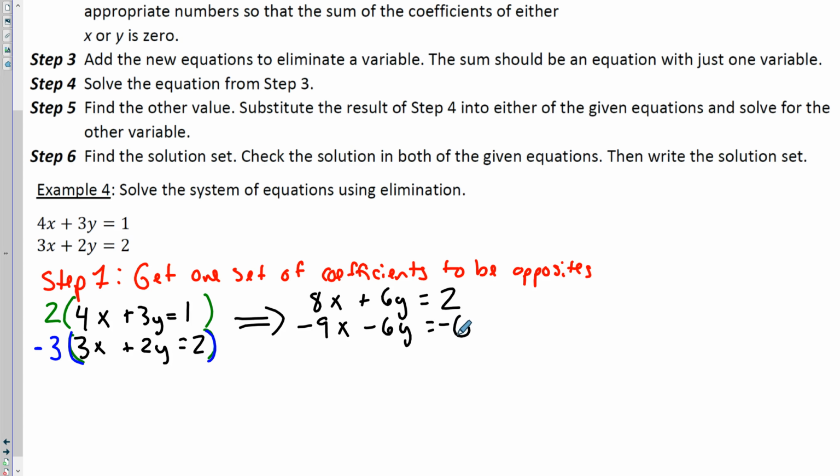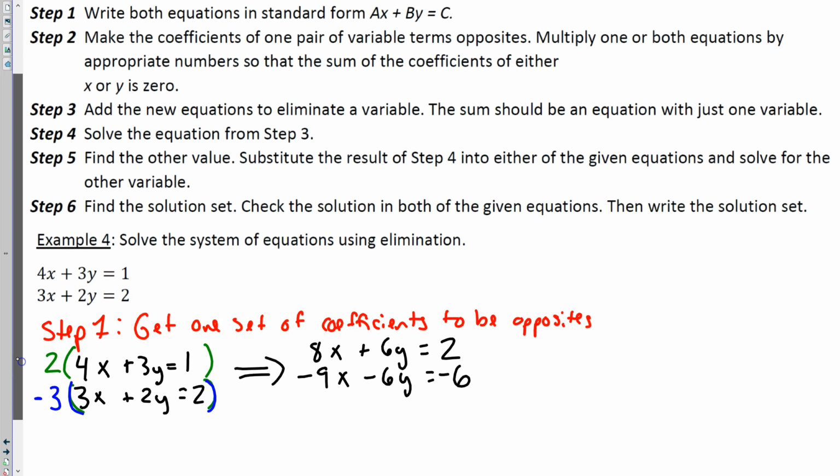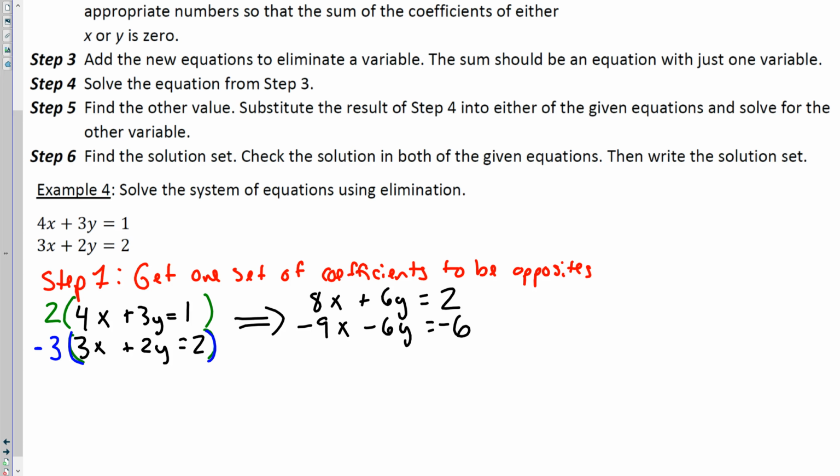All that we have done is gone through and gotten our coefficients to be opposites of each other. And actually, if I look back at my steps here, that was technically step 2, not step 1. That's because step 1 was already done for us.